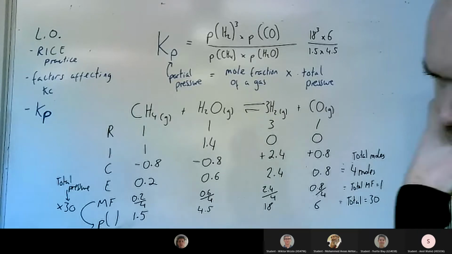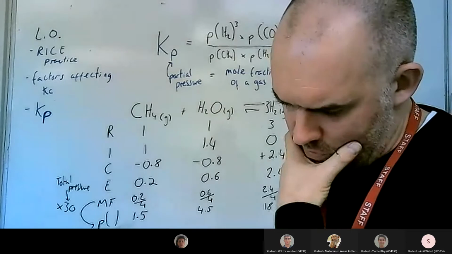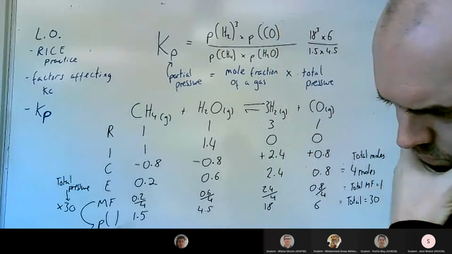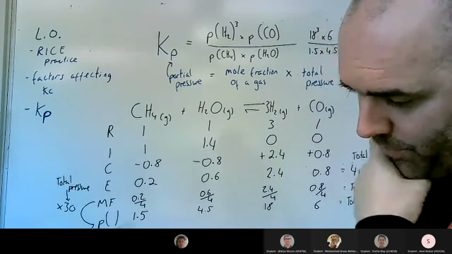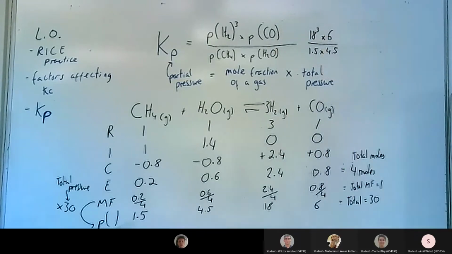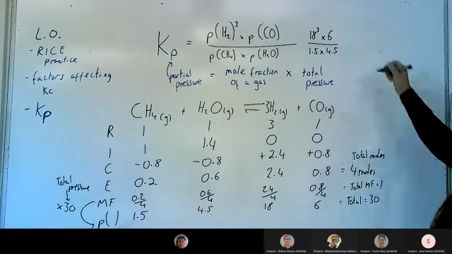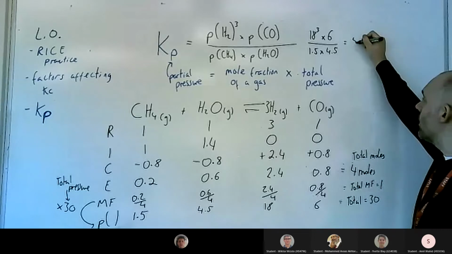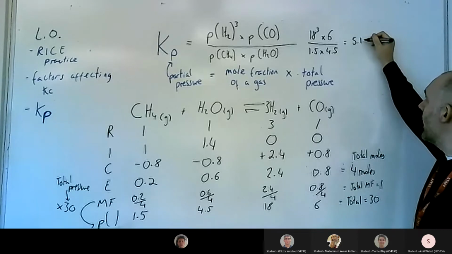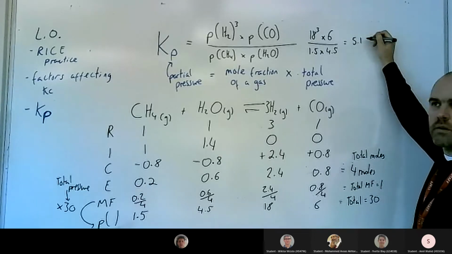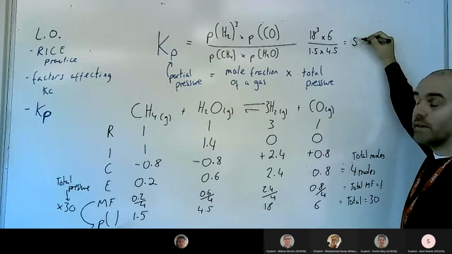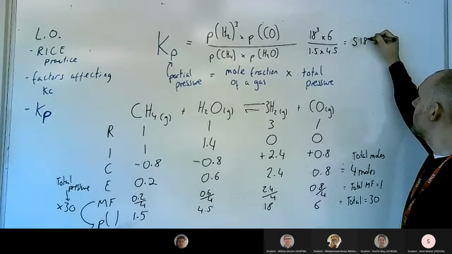The question they gave us has 3 significant figures if you look at the pressure. So 3 significant figures. Then what did you get for that? 5,184, so 5,180.